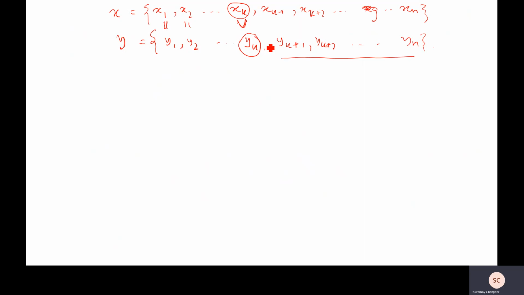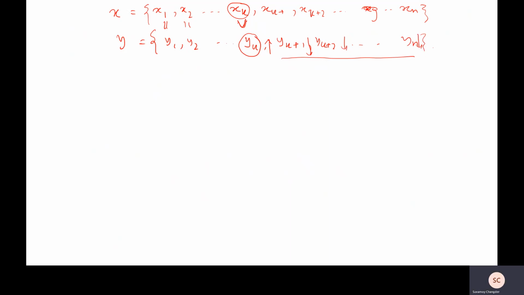So what we are doing? We are increasing this yk up to xk. Now if we increase this yk up to xk, what we have to do? We have to maintain the capacity of the knapsack, therefore we have to decrease these values. Okay, all the values. Think about that.